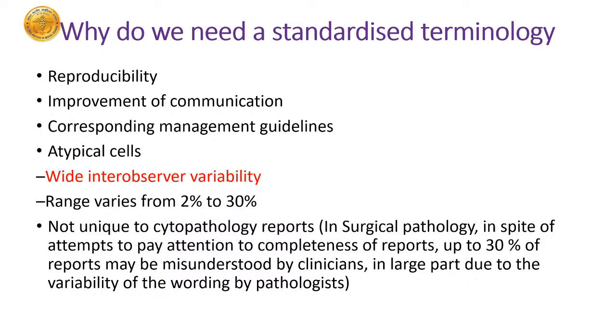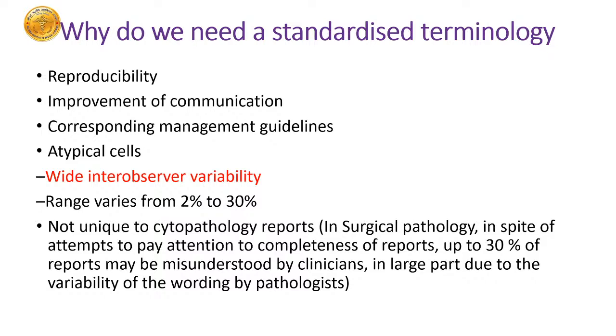Why do we need a standardized terminology? As all of us know, we started with Bethesda, right? The Bethesda classification for cervical cytology, then we moved on to Bethesda for thyroid, and we keep on updating them. So same for urine cytology. This is because if I talk one language, somebody sitting elsewhere in the world needs to understand that.